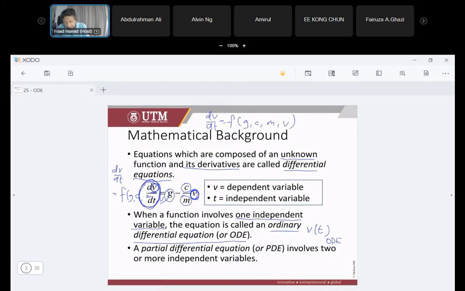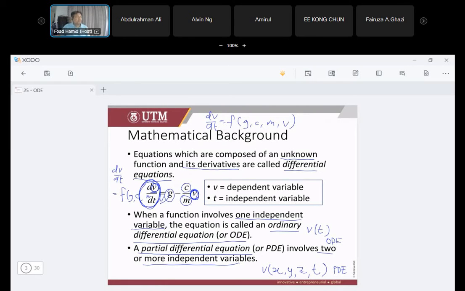And a partial differential equation, or PDE, involves two or more independent variables. For example, if we are trying to calculate the velocity of a particle in 3D space, 3D space means you have the X location, the Y location, and the Z location with respect to time. So in this case, V is a function of the location X, location Y, location Z at a particular time T. Note that our V is a function of more than one independent variable, so this is what we call a PDE.